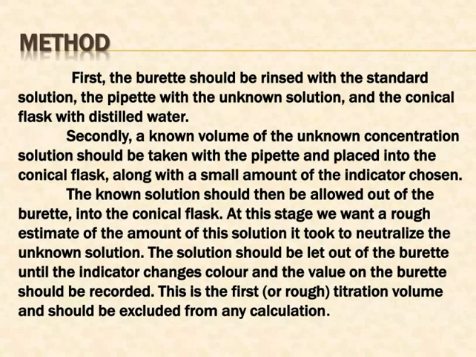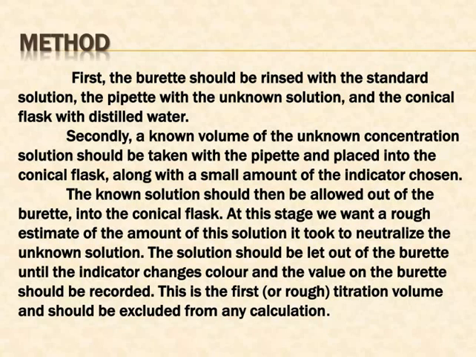Now, first the burette should be rinsed with the standard solution, the pipette with the known solution, and the conical flask with distilled water. Secondly, a known volume of the unknown concentration solution should be taken with the pipette and placed into the conical flask, along with a small amount of the chosen indicator. The known solution should then be allowed out of the burette into the conical flask.